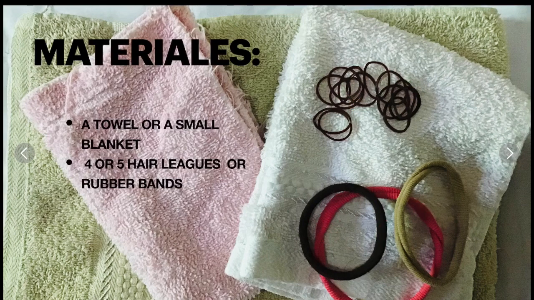If they're small, then you will maybe need 5. If they're big, like this type of leggies, maybe you will need 3, or 4. Boys, if you don't have them, you can ask your mommy if they can let you borrow these leggies.